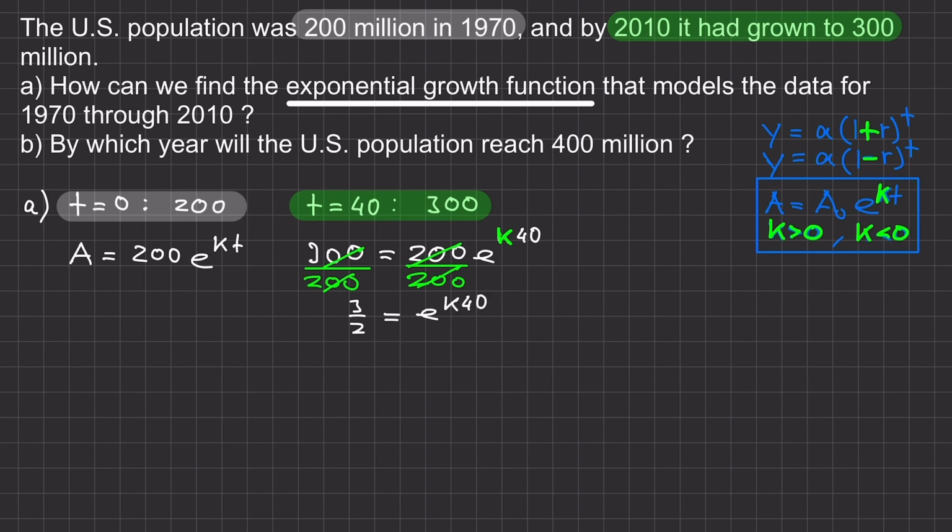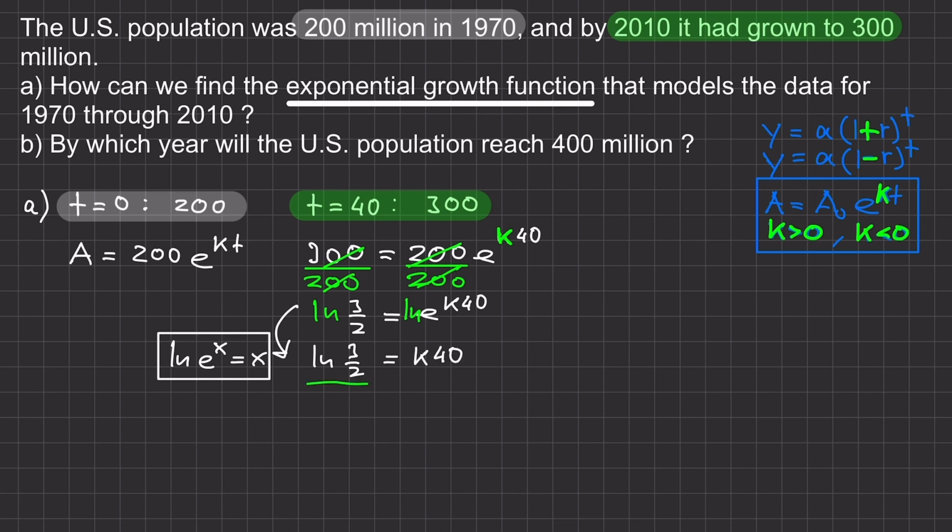Then we take the natural logarithm on both sides, and with the inverse property, ln of e raised to the power of x equals x, we get ln of 3 over 2 equals k times 40.